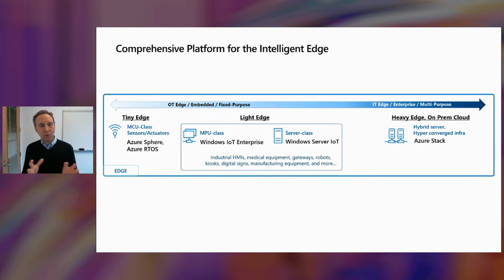As you move to the right, to this light edge bucket, these tiny edge devices often connect to the light edge devices. That's the most common scenario. The light edge is represented by these MPU or microprocessor class devices, the same type of hardware you might have in your laptop.